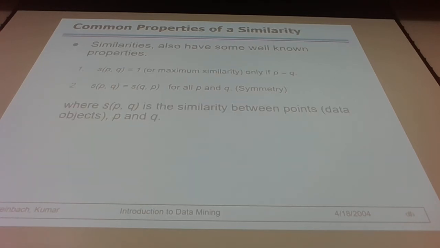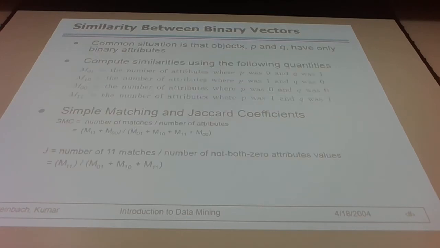Similarities also have some properties, but those are not as extensive. For similarity, typically the maximum value is 1 when P is equal to Q, and it has to be symmetric. Then the book goes into many different examples of similarity.